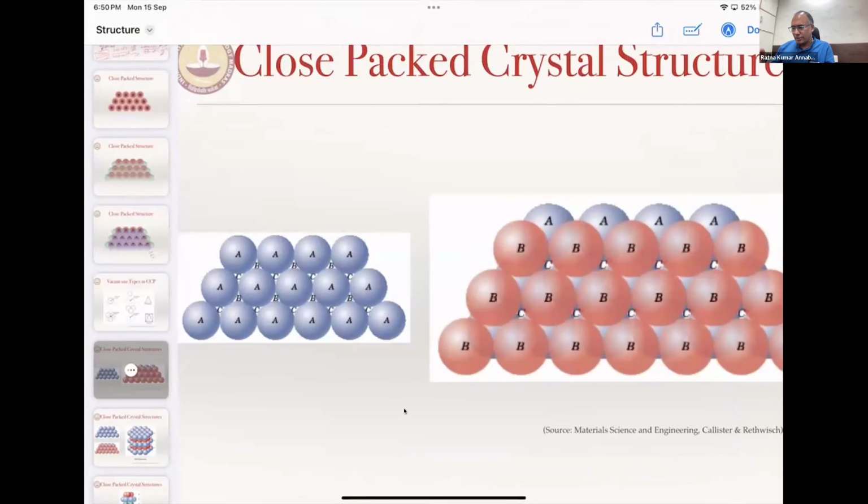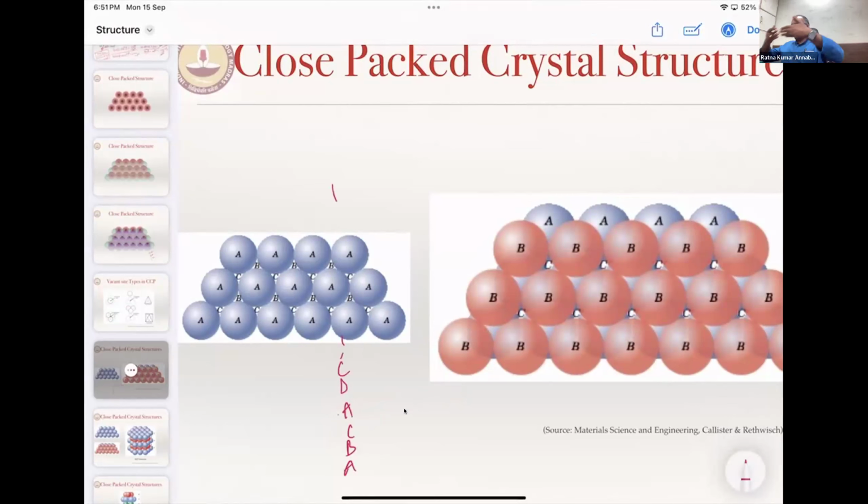If you look, you can create 2 kinds of layers, right? ABC, ABC, ABC, or vertically, it will be A, B, C, A, B, C, like that.